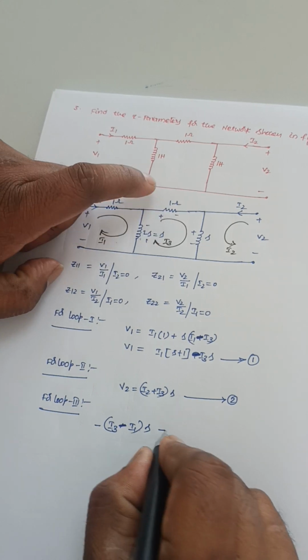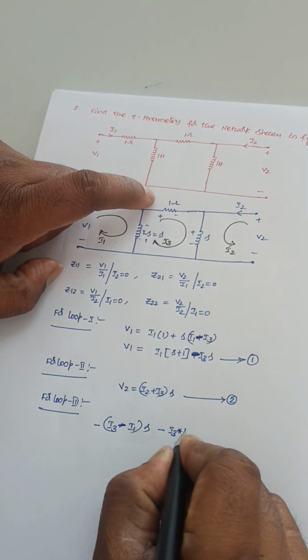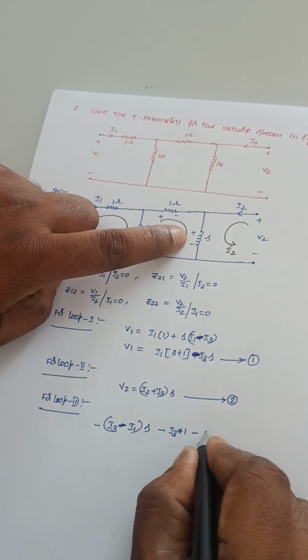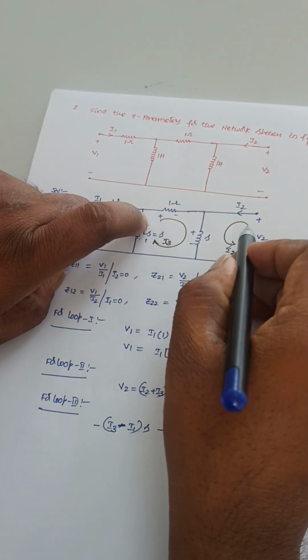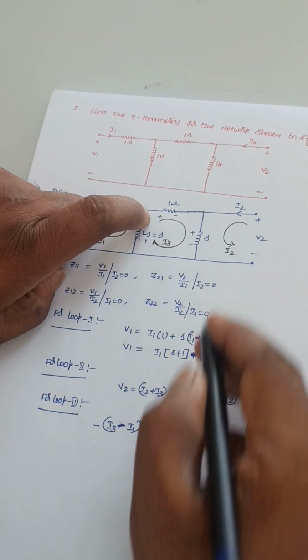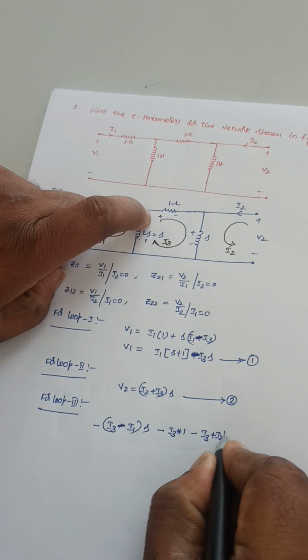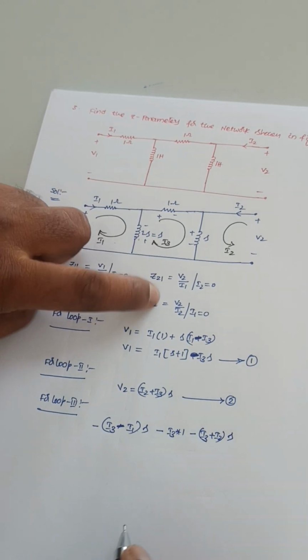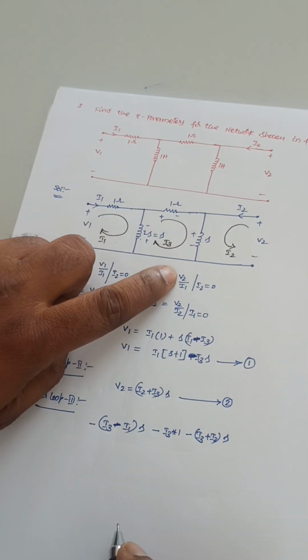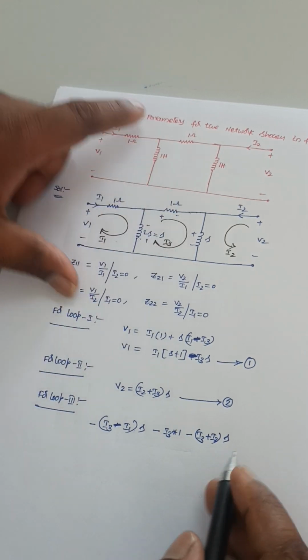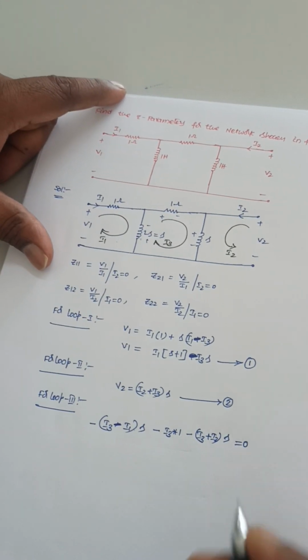Then minus I3 into 1. For this one it is minus I3, so it is I3 plus I2 here. So minus I3 plus I2 into S. The current flowing through this branch is I3 plus I2 into S, equal to 0 here.